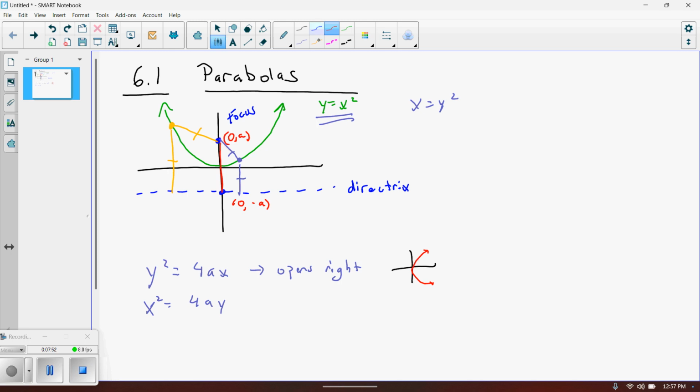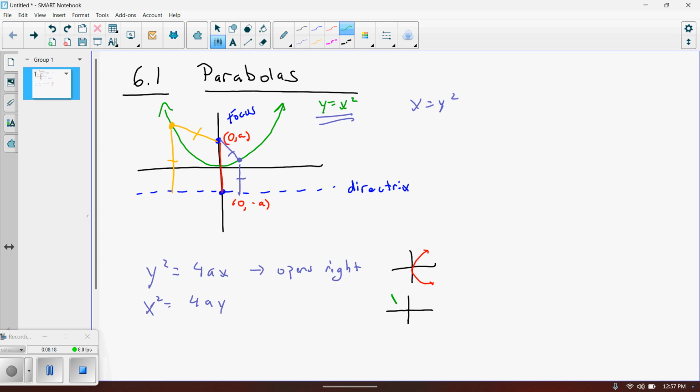The one that we have below that is your standard parabola, because if you were thinking of this as a standard parabola, you would divide both sides of x squared equals 4ay by 4a, and you would basically get that y equals 1 over 4a times x squared. So 1 over 4a, and this a, again, is just a value, a constant, is basically like your coefficient of the x squared.